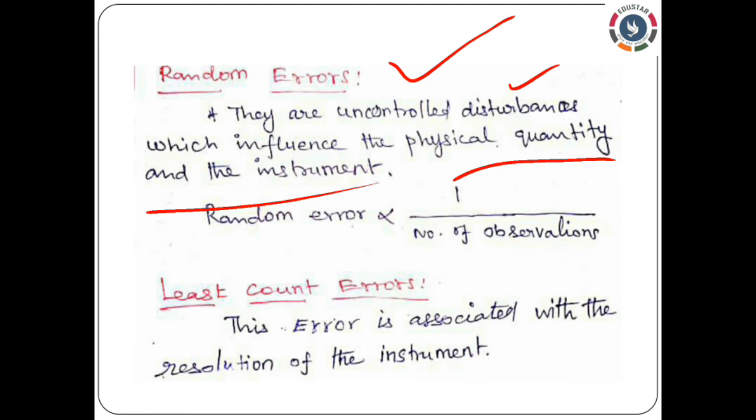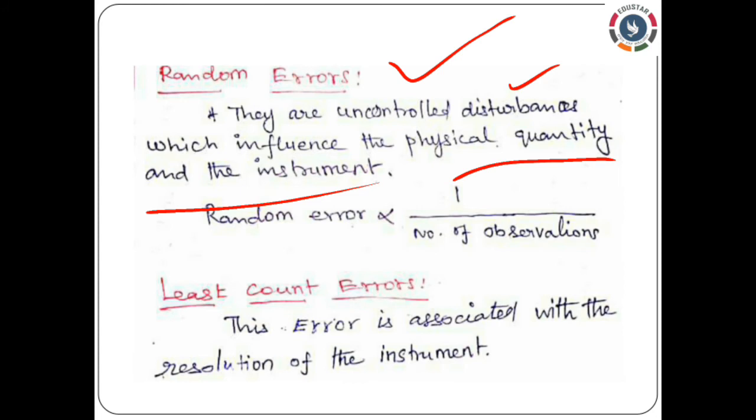Another category of error is called least count error. This error is associated with the resolution, that is the accuracy of the instrument. We know the least count of the instrument. What do you mean by least count, students? The least count means the least value that can be measured by any instrument. For example, for a screw gauge it is 0.01 millimeter.